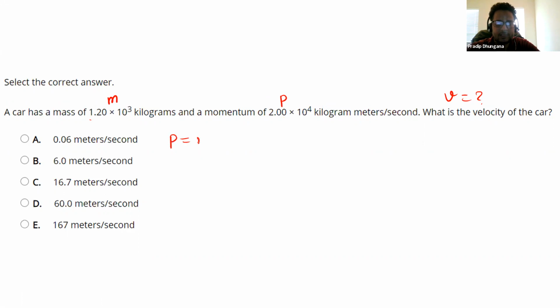So P is equal to mass times velocity. Now substitute mass, substitute momentum and calculate velocity. I'll give you some time and answer through the poll. Please take your time and calculate it. Let's not just randomly choose one of those options.